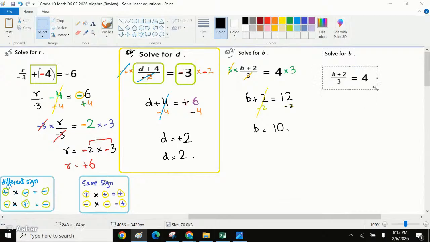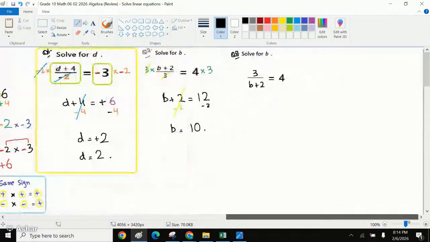Let's try to change something in this same question. If I take the variable in the denominator, b plus 2 and 3, if we change the positions, 3 goes in the numerator and b plus 2 comes in the denominator, if we have swapped the question, okay, for question number 8.